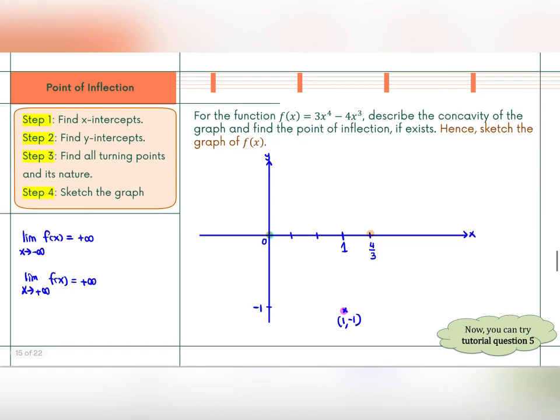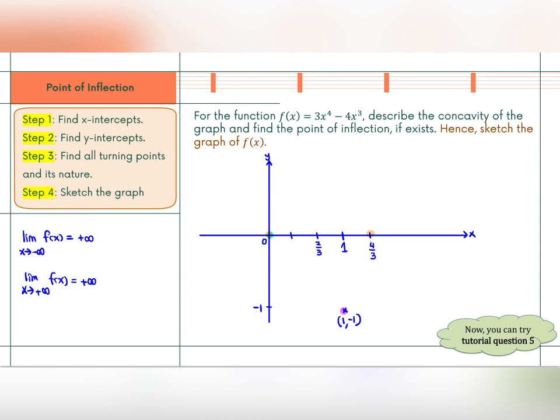Negative 16/27 is dekat atas ni. Okay. So tadi dia kata apa? 2/3. So this is my 2/3. And let's say here is our, kejap saya kira kejap, negative 16/27 in decimal places adalah negative 0.6.